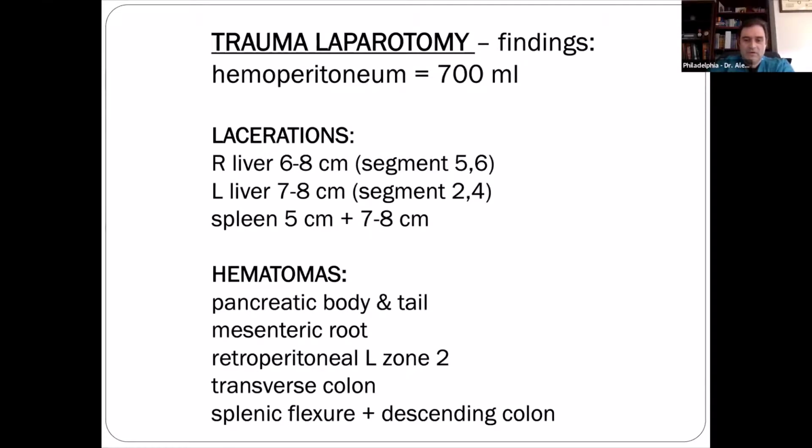And then for the colon and the splenic flexure, you have to see how much devascularization you have, and if it warrants resection or not, which at this point it may be hard to tell. So what I would do is consider imaging at this time.